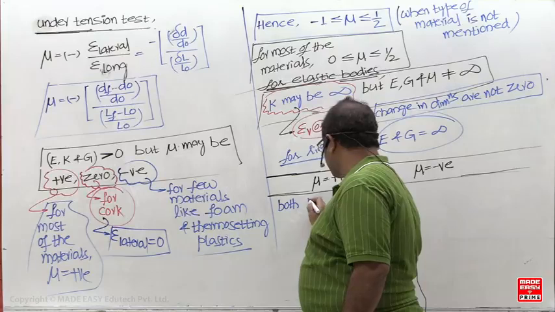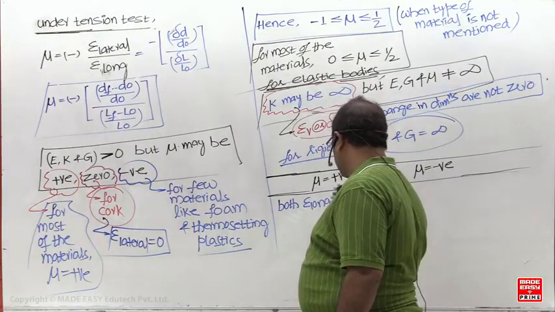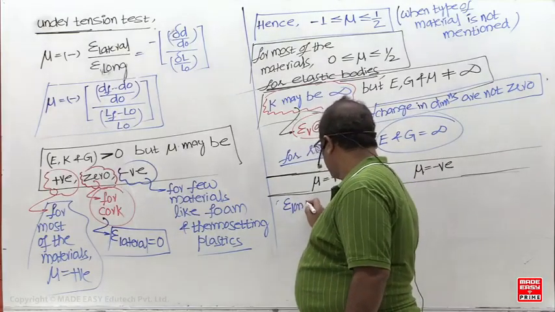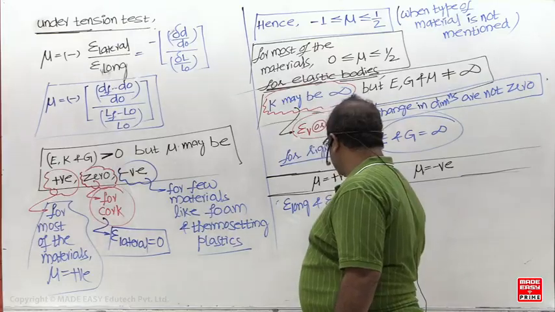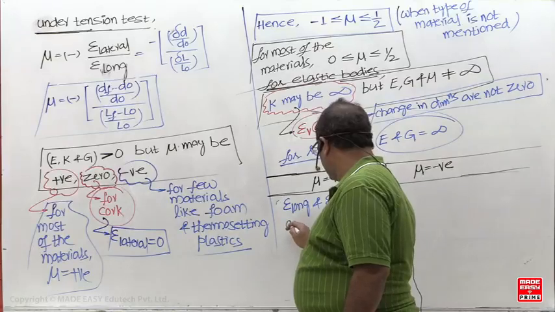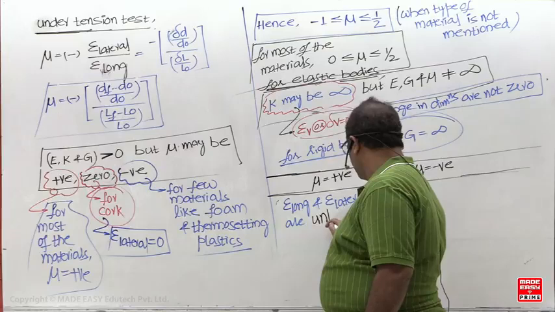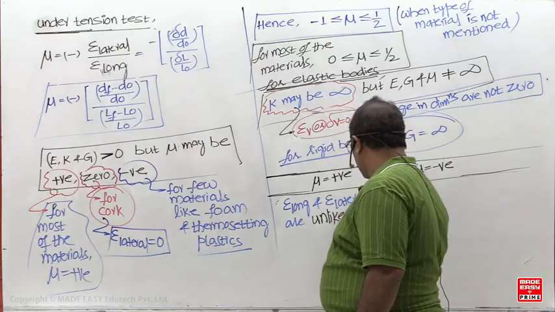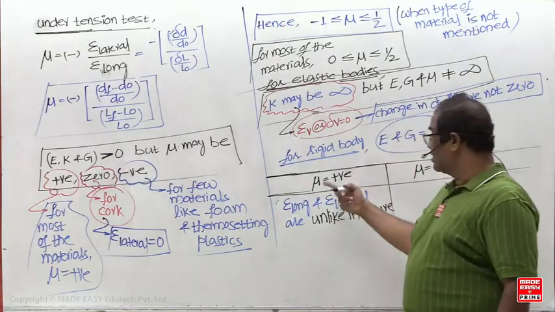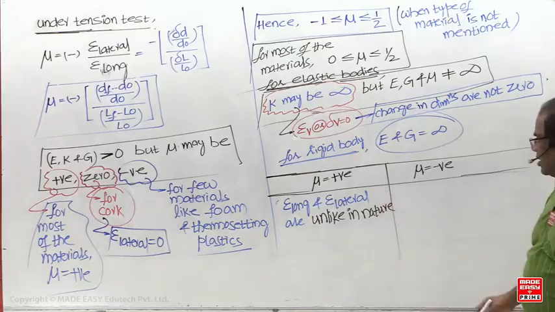Both longitudinal strain and lateral strains are unlike in nature. Because everybody is going to mention they are unlike, because default mu is positive. For every material, except a very few materials, mu is positive. For those few, mu is going to be negative.